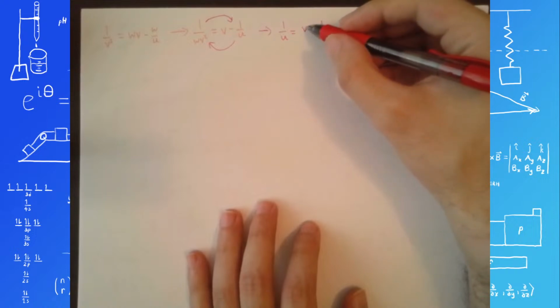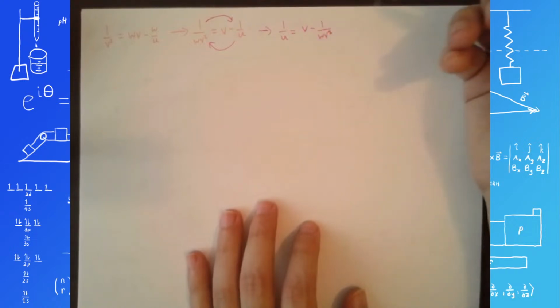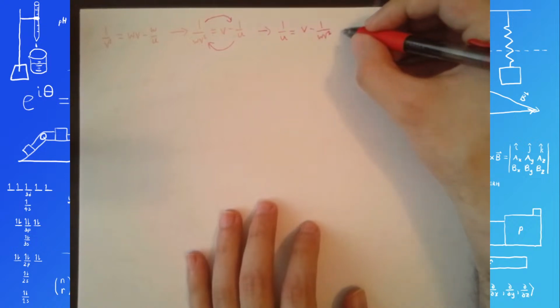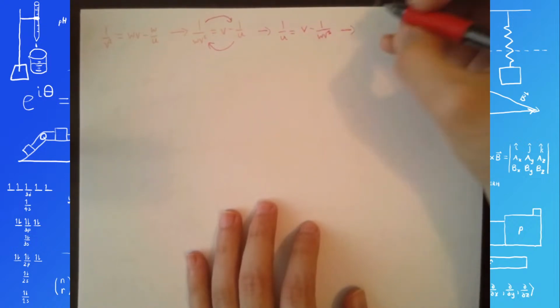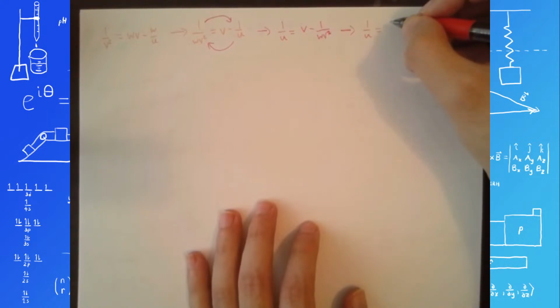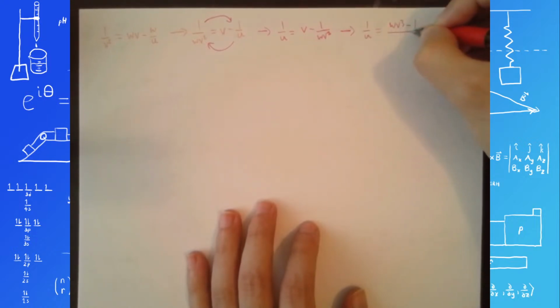Okay, and then this I can rewrite as wv cubed over wv squared. So 1 over u equals wv cubed over wv squared minus 1 over wv squared. So wv cubed minus 1 all over wv squared.